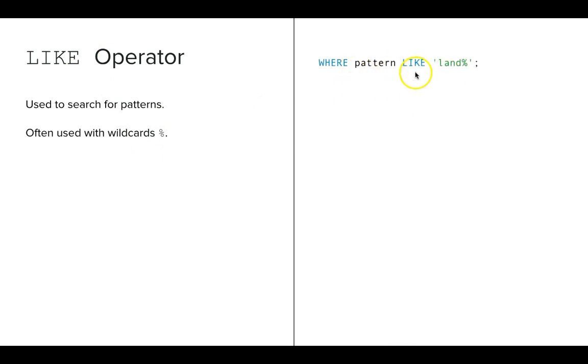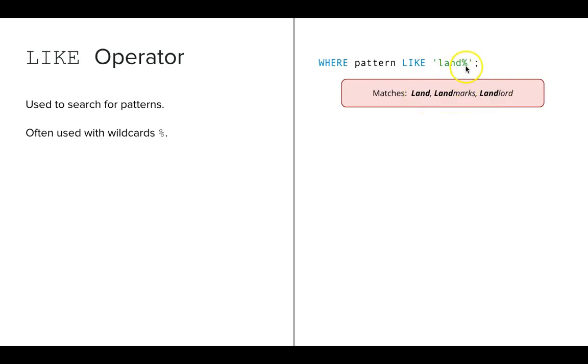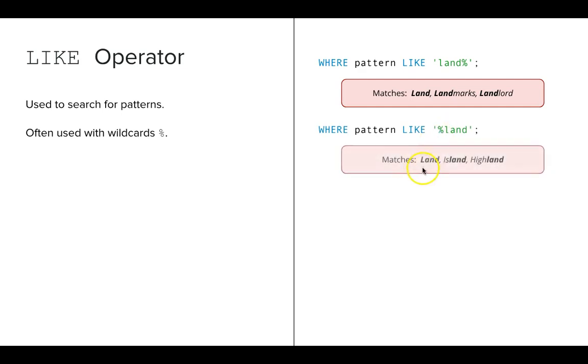For example, if we're looking for land, but I don't remember the specifics, land percent will find land, landmarks, and landlord. Anything with the word land in it, and afterwards I don't care. The other way will show us land, island, highland. Makes sense, right? So that percent is used as a wildcard.